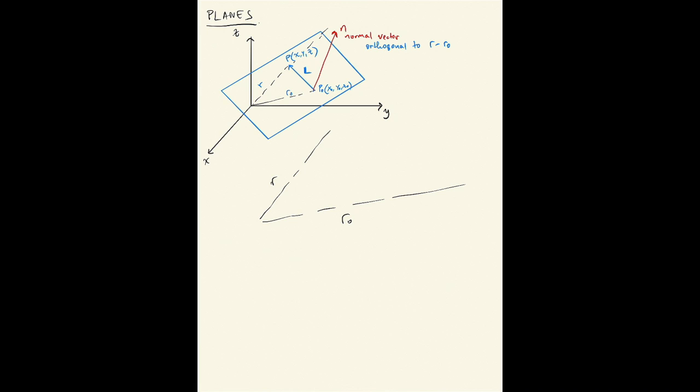But actually, the vector goes through infinitely if there's no other vector in between. So at some point, I will say from here until here, R0 goes to R.